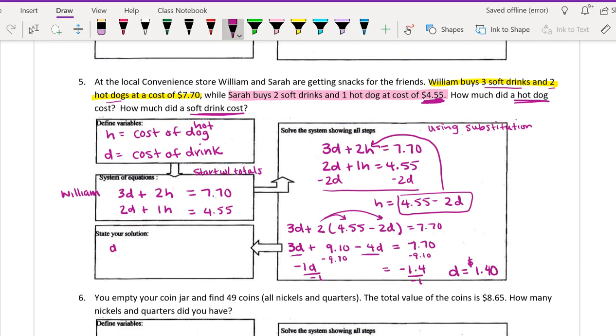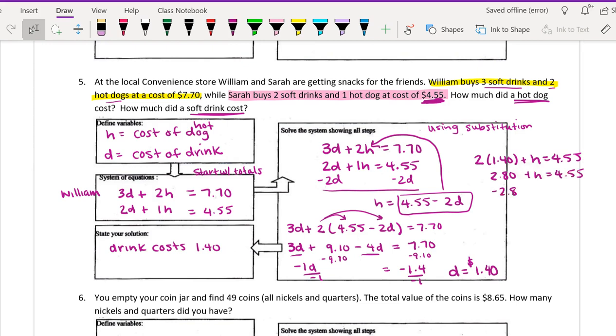So that I know that a drink costs $1.40. Now we're going to go ahead and plug that back into one of the 2 equations. I like the second one better since it has smaller numbers. So we're going to do 2 times $1.40 plus a hot dog cost is $4.55. So that's $2.80 plus a hot dog is $4.55.